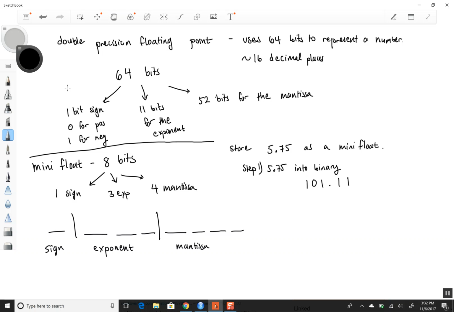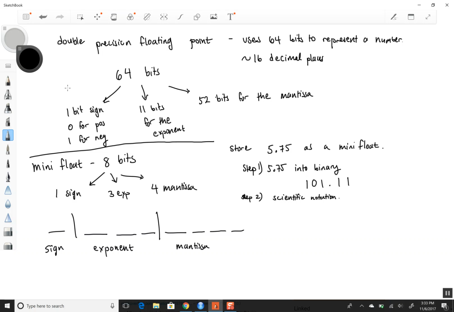The next step will be to put this into scientific notation. Okay, so what is scientific notation? Scientific notation normally in the decimal system means you have just 1 digit in front of the decimal, and then everything else, and then you say multiplied by 10 to some power.